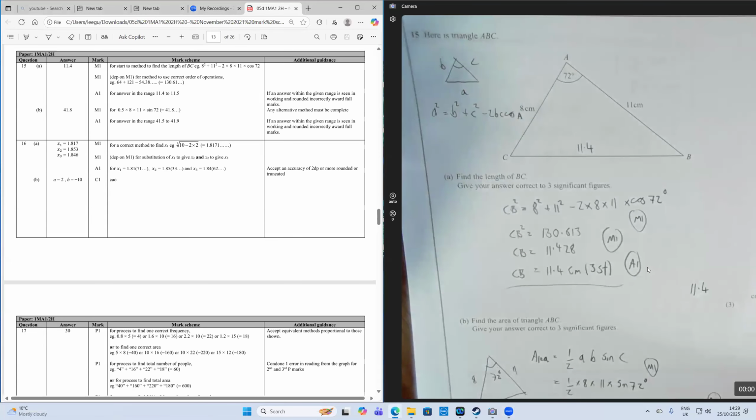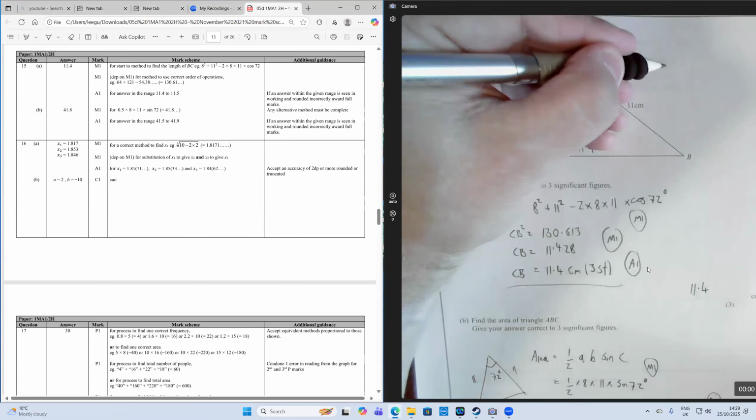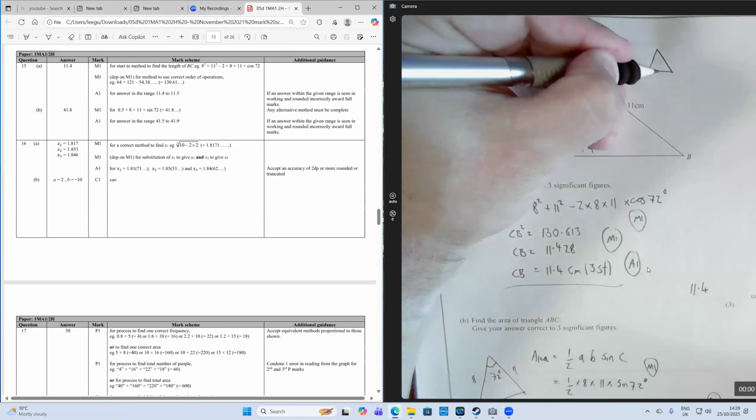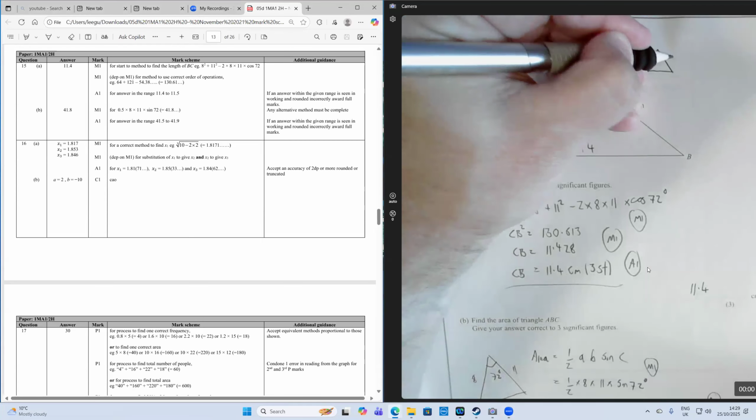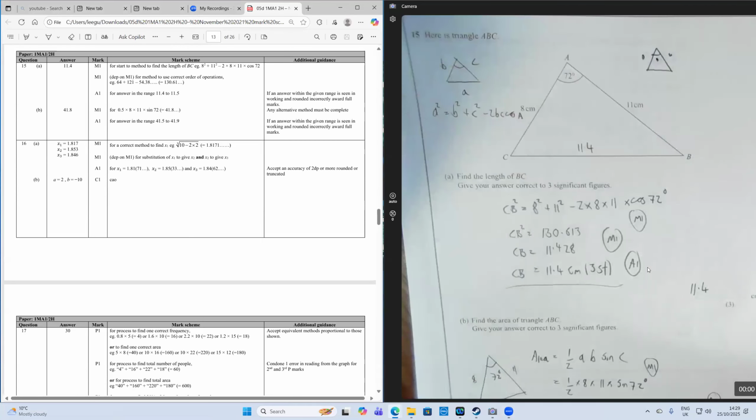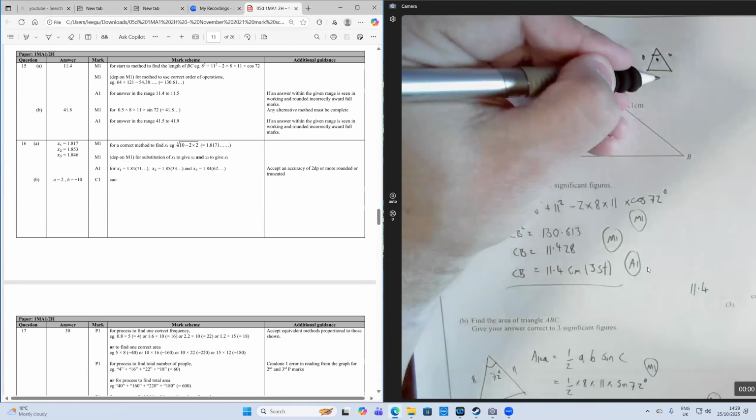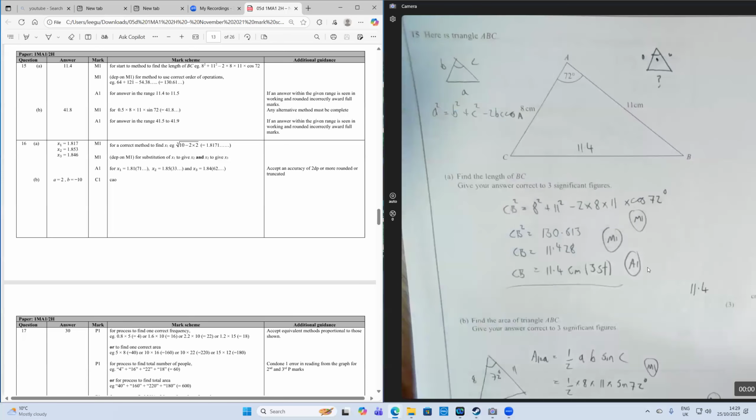Now the first thing to note is that in this particular instance, we have got two sides and an angle in between. And when you've got two sides and an angle in between, and you're trying to find out information about the other side, you're going to be using the cosine rule. That's one of the patterns of when you use the cosine rule.